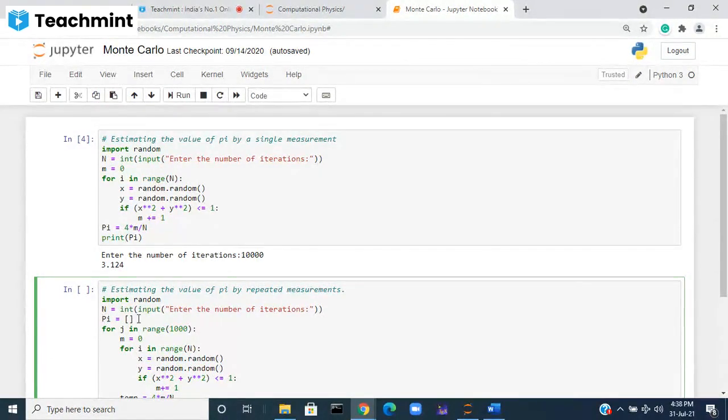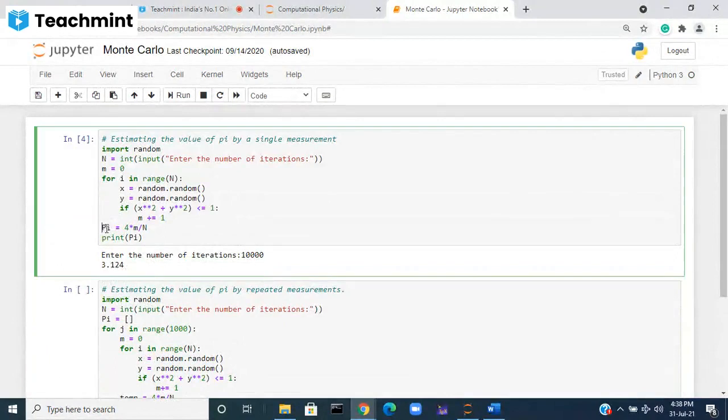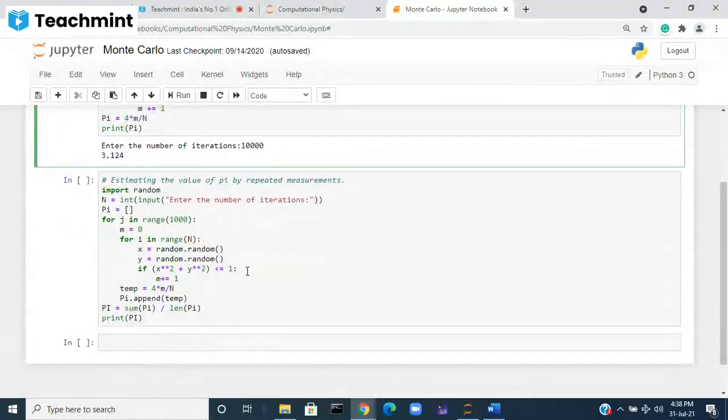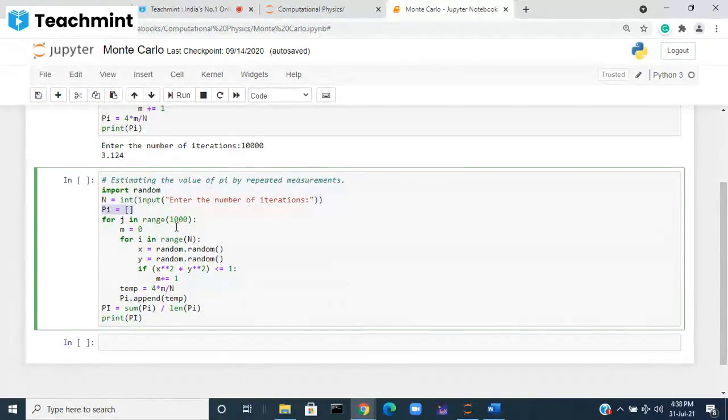Create an empty list for pi, because for a single measurement one variable is sufficient, but for many measurements of pi, I want to take the values as the elements of a list. Ultimately this pi will be a list containing 1000 values.